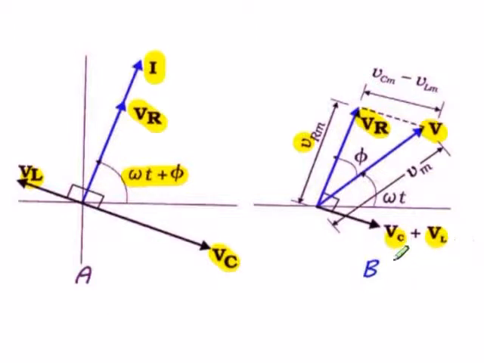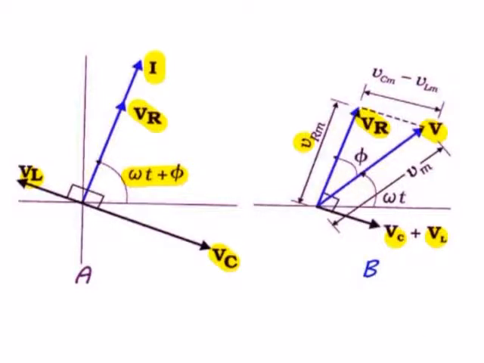However, the modulus of vector VC plus VL is the difference between the moduli of VC and VL, because one of them is in the opposite direction. Here V leads I by phi.